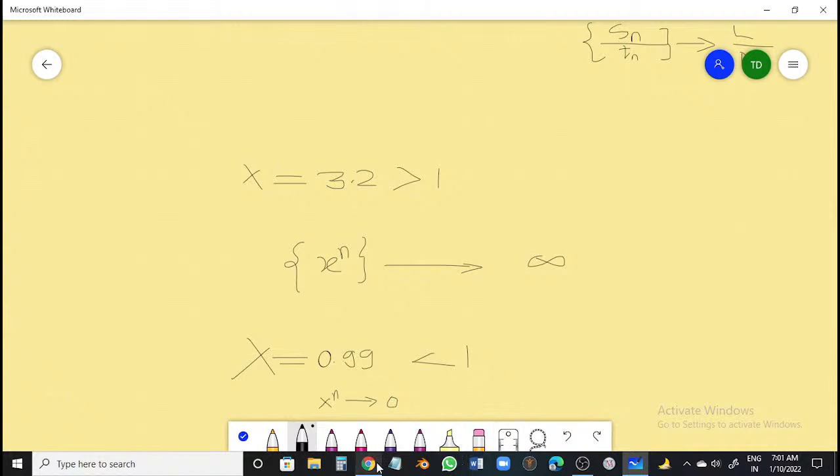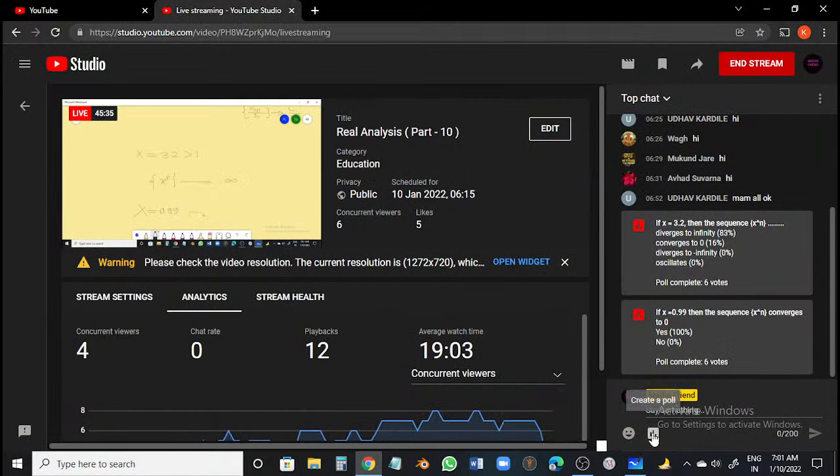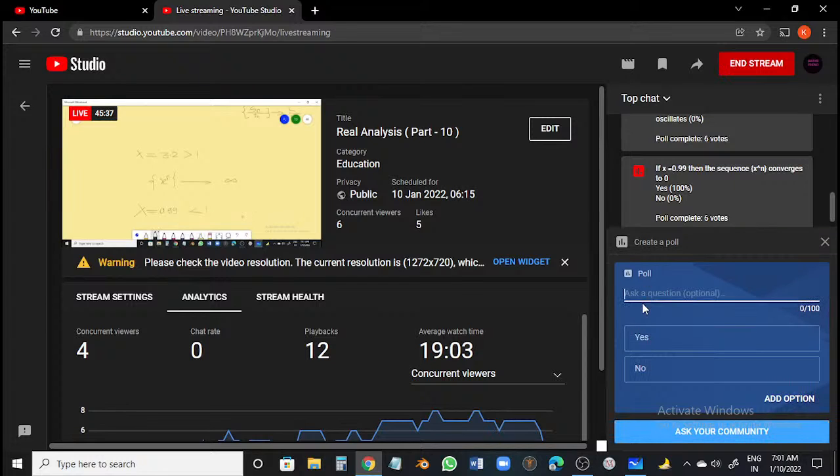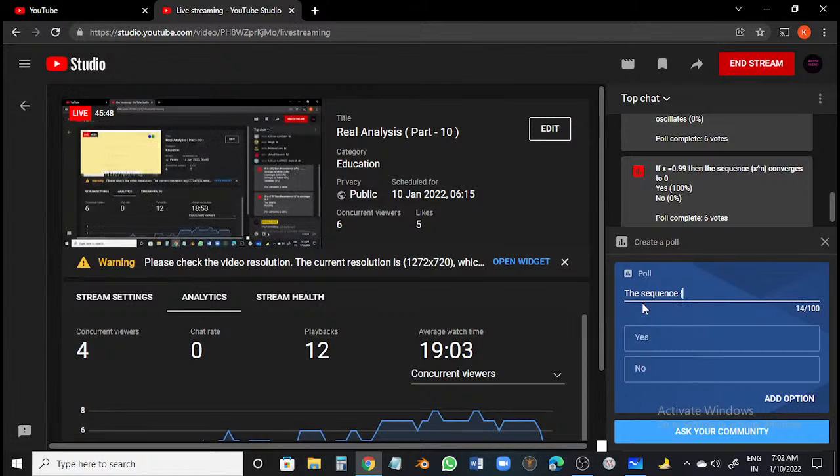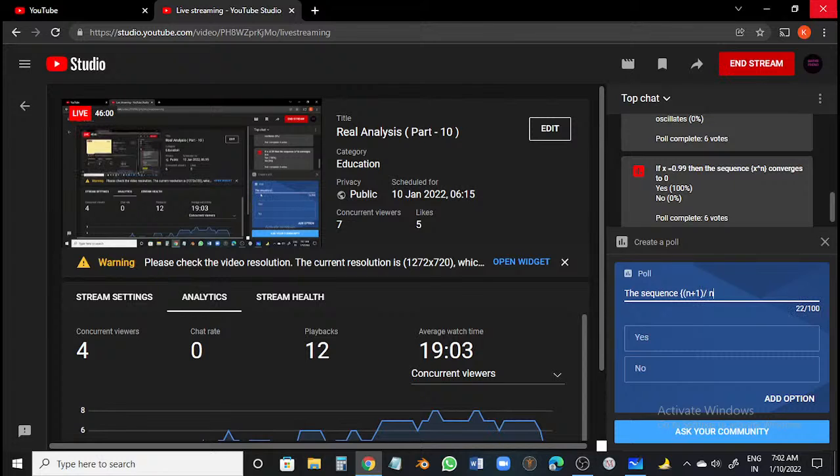Alright. One more question I would like to pose. The sequence {(n plus 1) upon n cube}. So how will it be?